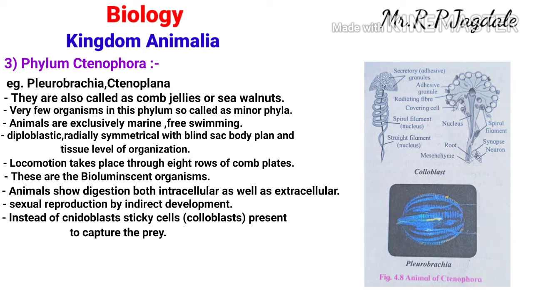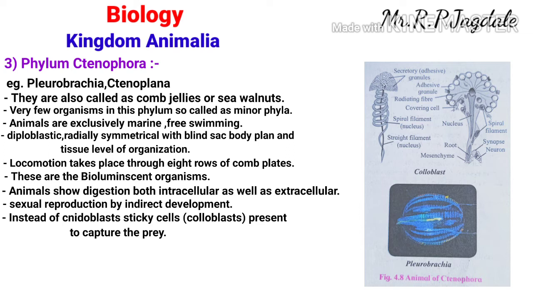In Cnidaria there are cnidoblasts for defense, but in Ctenophora they have colloblasts, which are sticky cells to capture the prey.